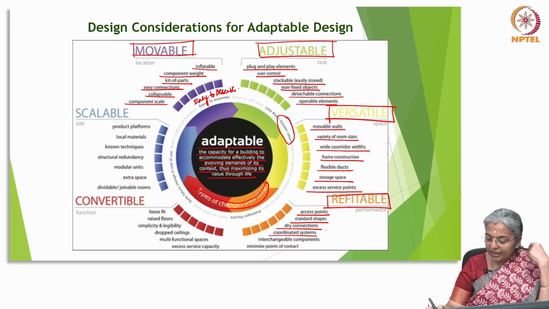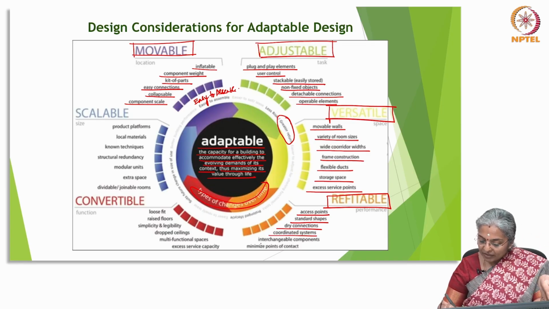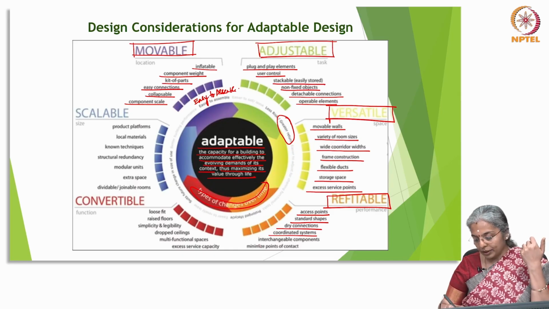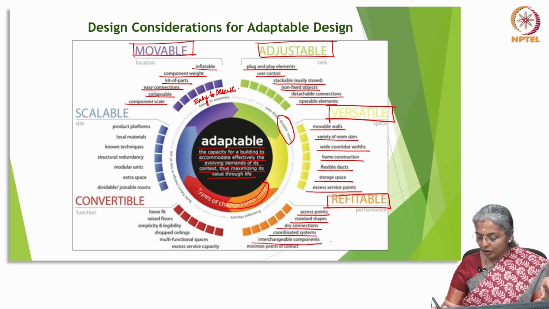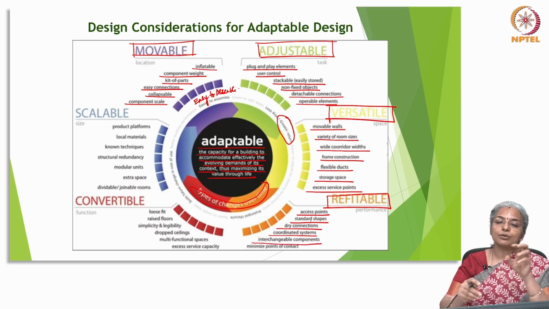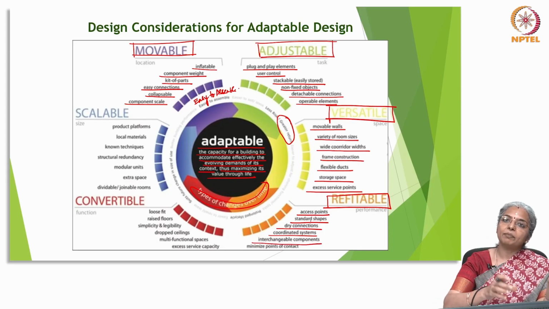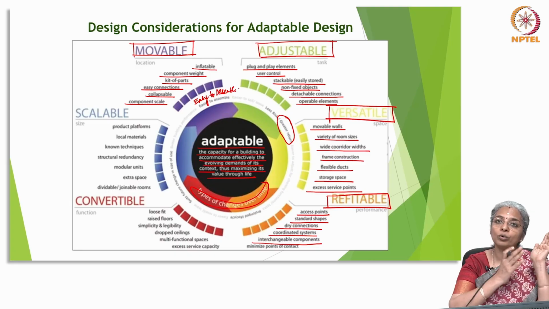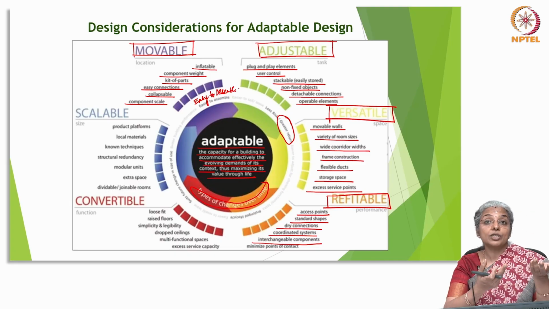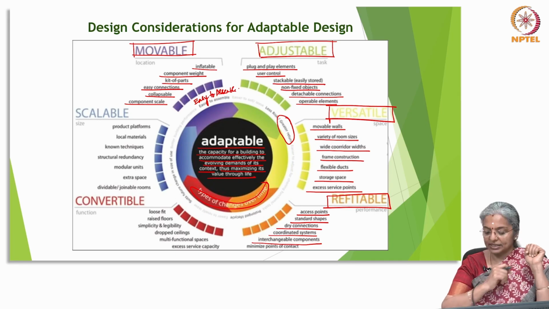Does it have a coordinated system, especially when it comes to services? Are we able to prototype it? Does it have interchangeable components? Meaning to say, one column, can it be placed even in another location with another set of beams, or should it be only in that particular place, which makes documentation also very important and slightly cumbersome.